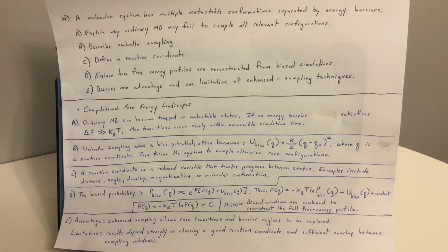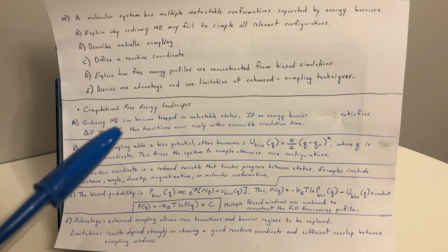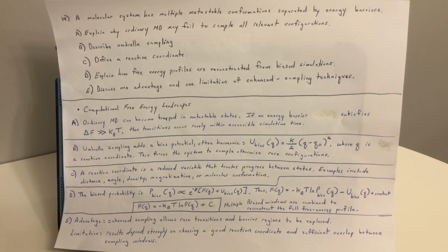So the computational free energy landscapes. This is canonical, important stuff. Part A, ordinary MD can become trapped in metastable states if an energy barrier satisfies delta F much larger than k sub B T. Then transitions occur rarely within accessible simulation time.